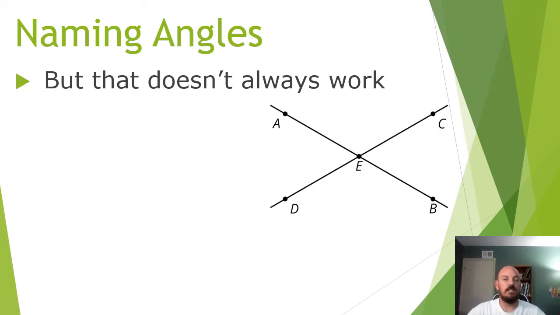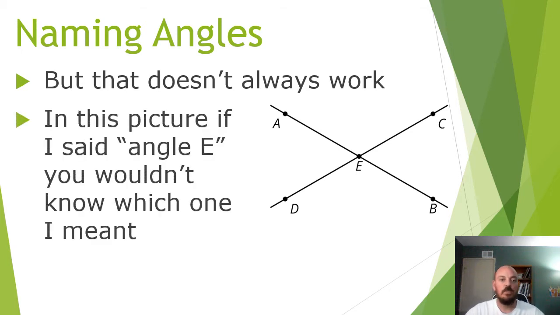So let's say I had a picture like this. Right here we have two lines crossing. I marked 5 points, A, B, C, D, and E. So there's a lot of different angles in this picture. If I just said angle E, you wouldn't know what I was talking about. I might be talking about this angle right here.